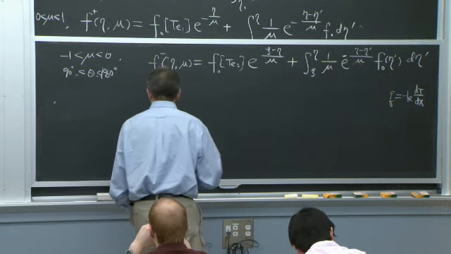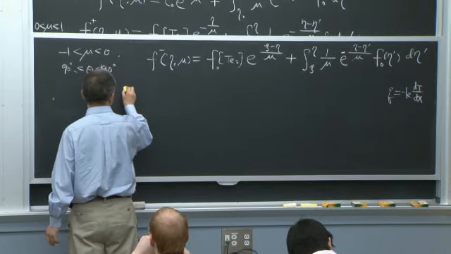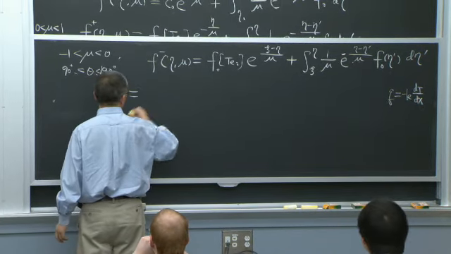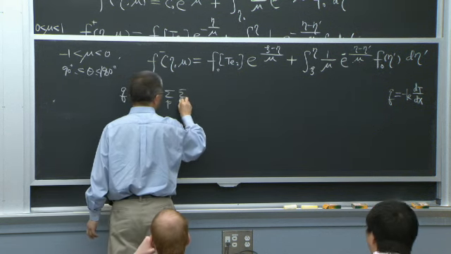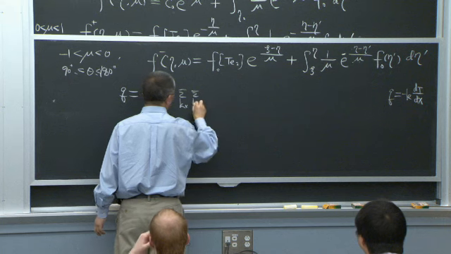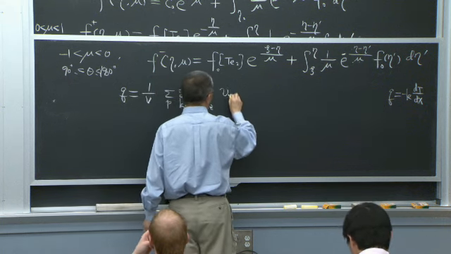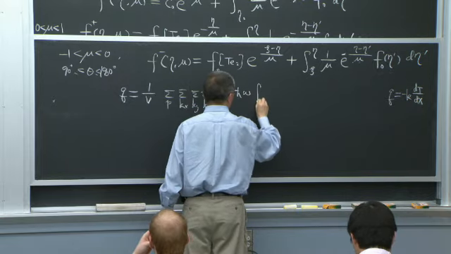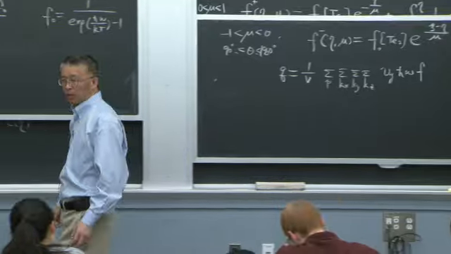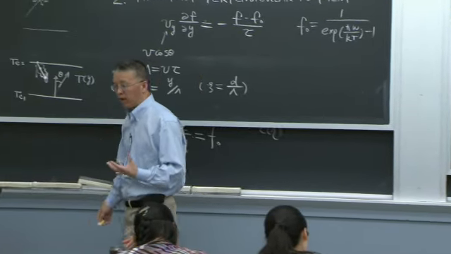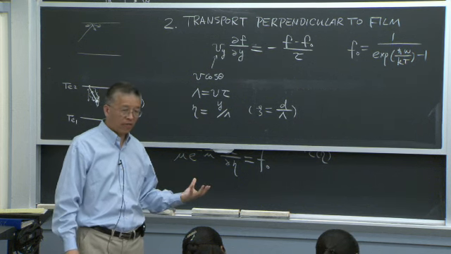Okay? And now once I have F, I can solve for my flux the same way. Q equals 1 over V, you sum up all polarizations, Kx, Ky, Kz, and Vy, h bar omega F. That's always the starting point when we try to find out the net flux. Here it is for heat flux.